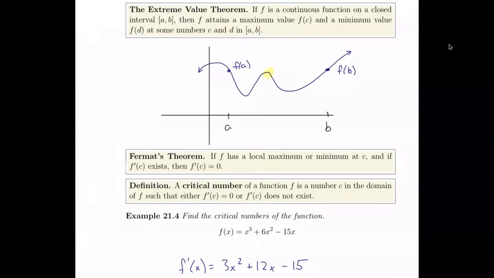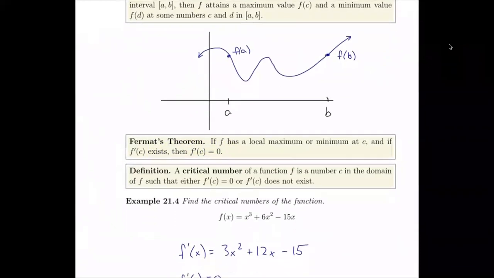If the derivative at x equals c is 0, that means the slope of the tangent line is 0. That makes perfect sense. If this is a local max or a local min, the tangent line there needs to be horizontal, or in other words, the derivative at that point needs to be 0. So this is a very useful theorem for us.